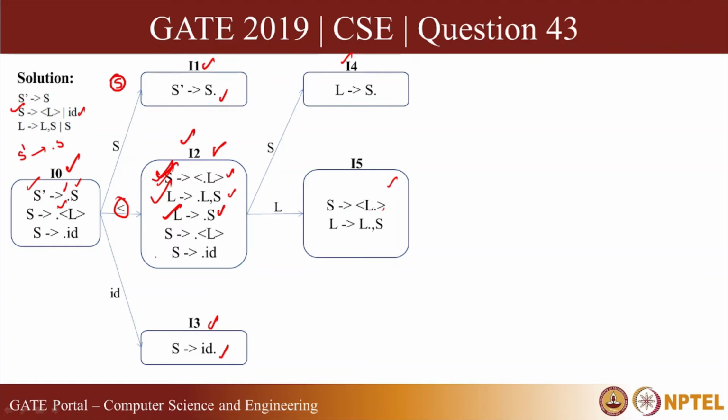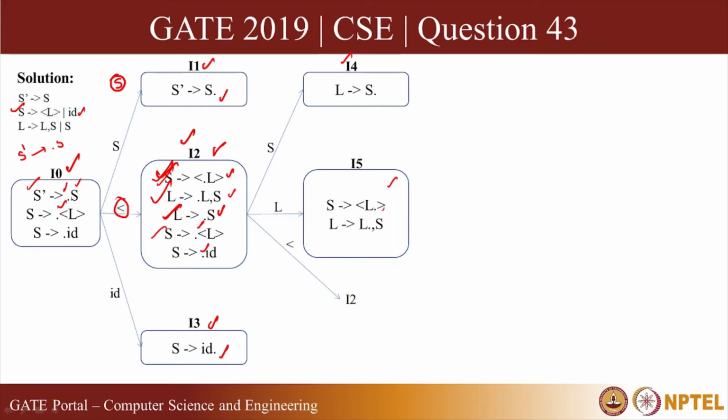Till now. Next, we have this less than, as well as ID. If we parse with less than, we get the same I2. It is kind of a self loop, but I have not shown the self loop; I'm just writing I2 again.